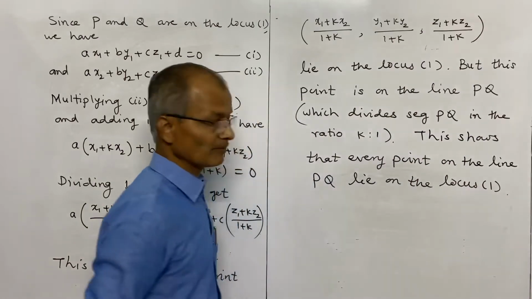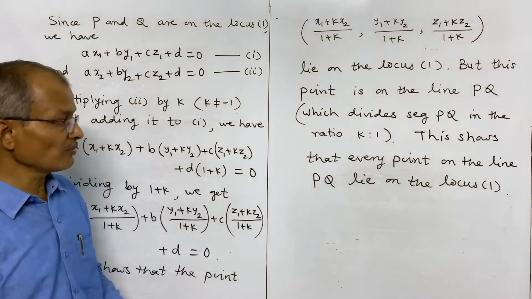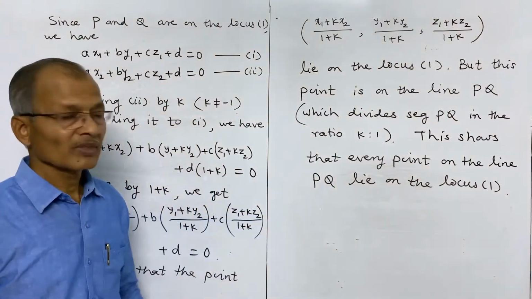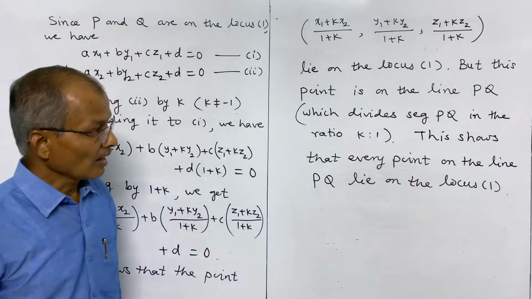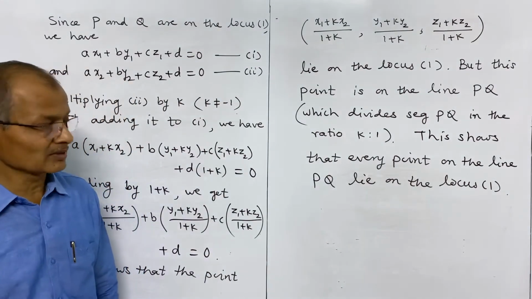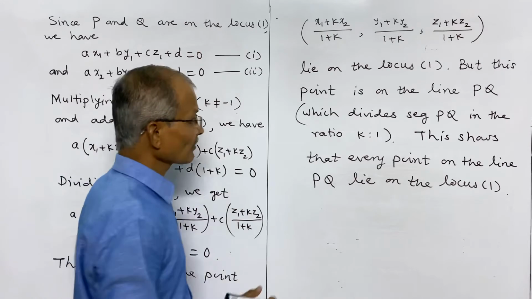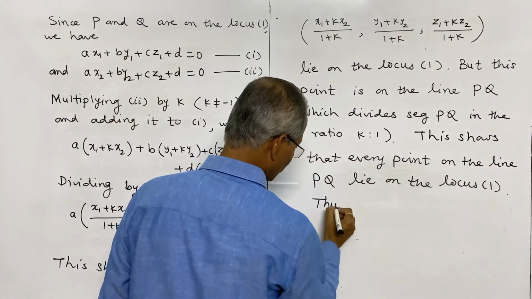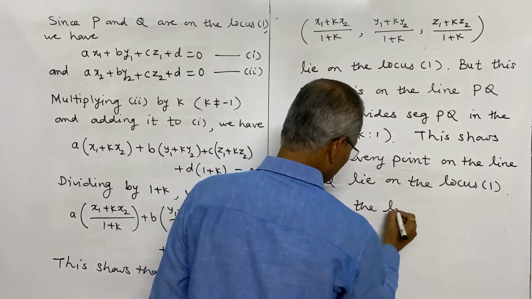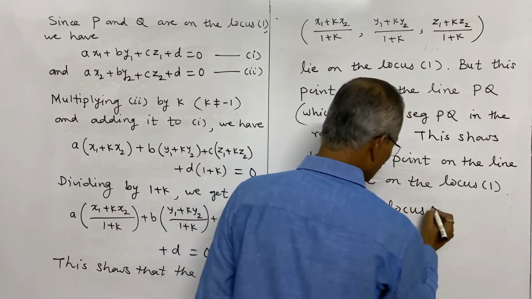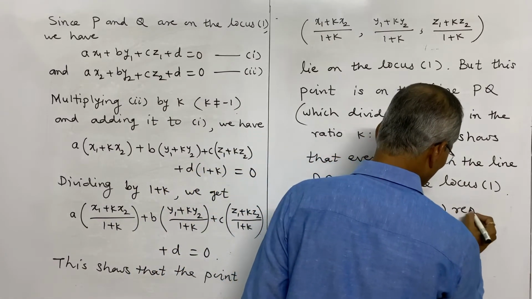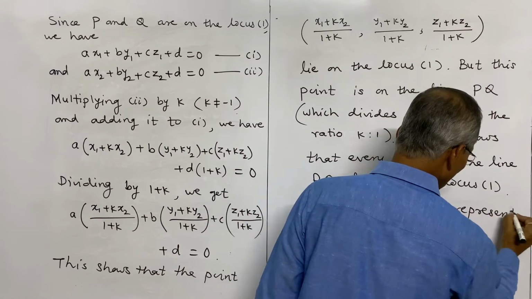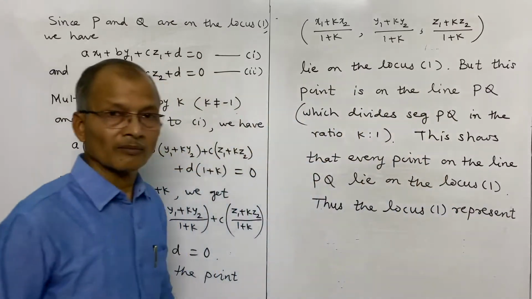Every point on the line PQ lies on the locus, because P and Q are arbitrary, and thus the locus 1 represents a plane. This is the condition required for a plane.